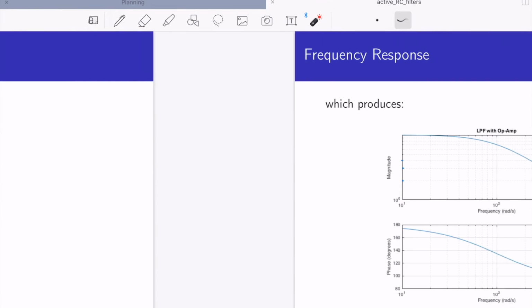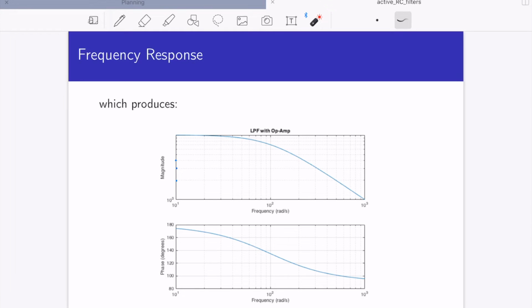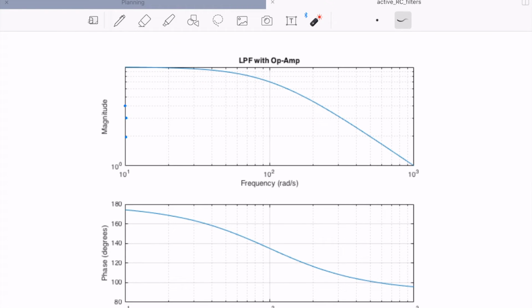Okay, plot it. We end up with this nice frequency response plot. Looks kind of like some of the ones we got with passive filters. Again, I want to remind you that this is a log-log plot on the magnitude. So this value is 10 to the 1.